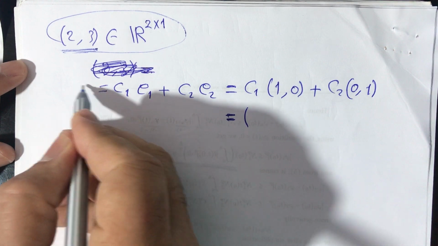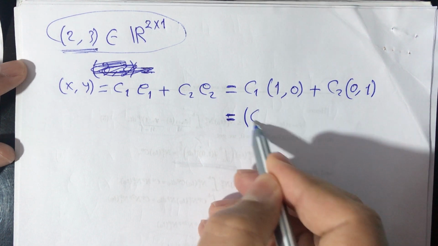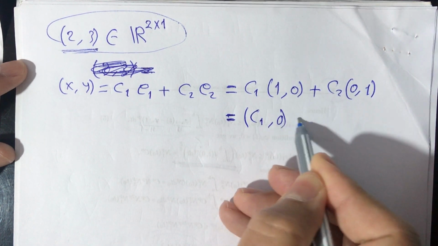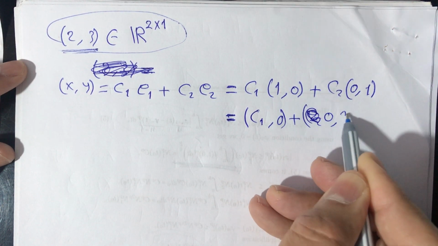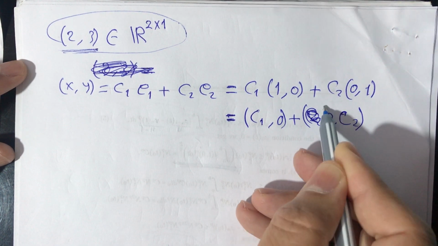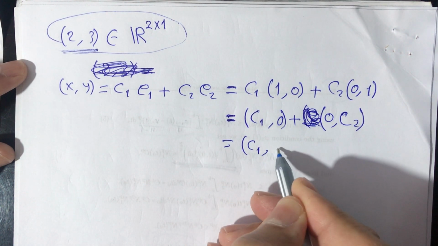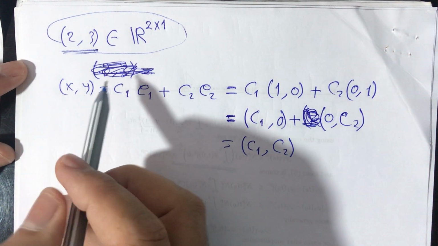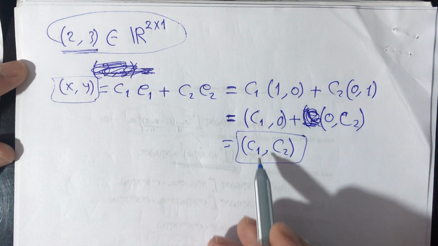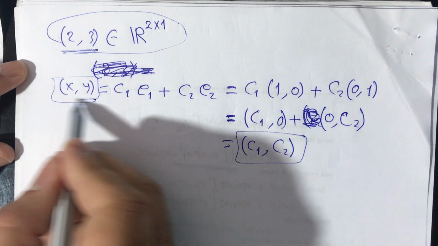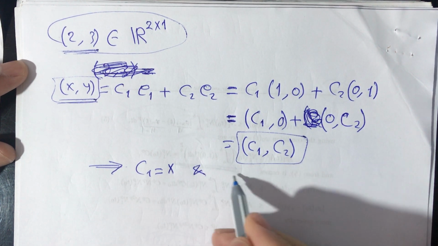We can write C1 0 plus 0 C2, and we can sum them: C1, C2. We need this to equal (x, y), so from this equality we know it implies C1 is equal to x and C2 is equal to y.